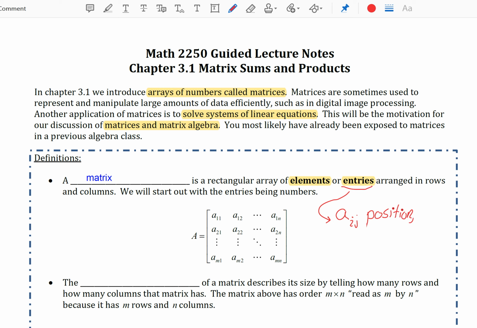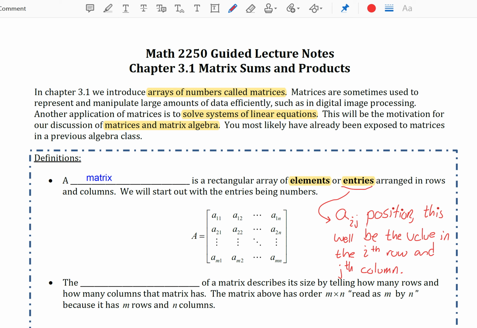This will be the value in the ith row and jth column.